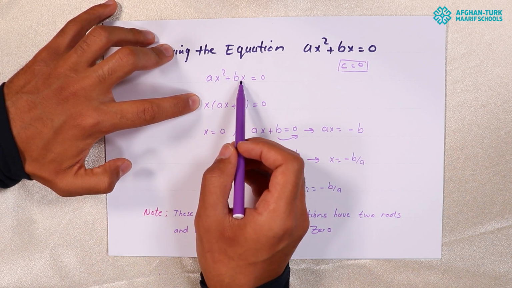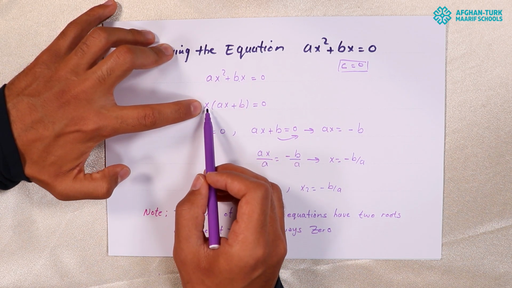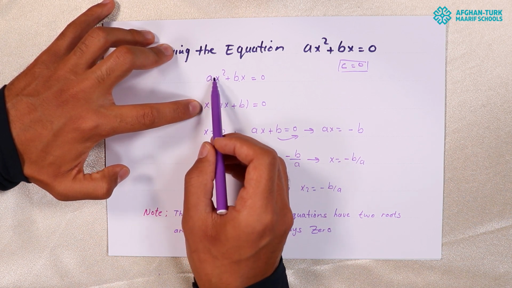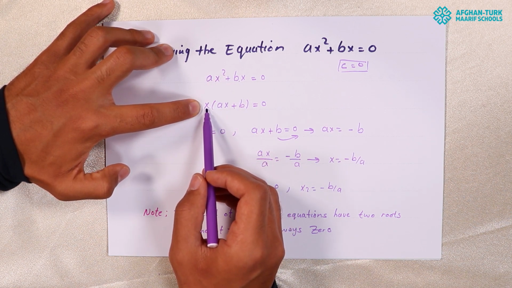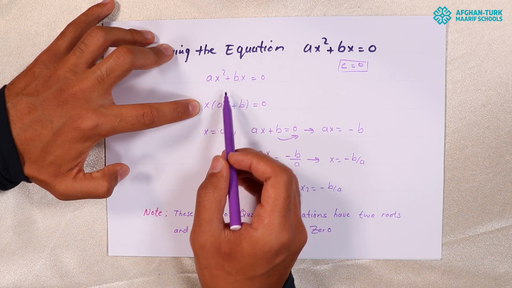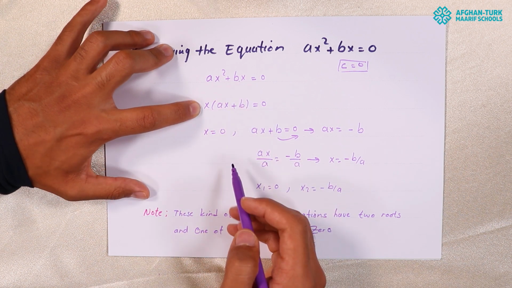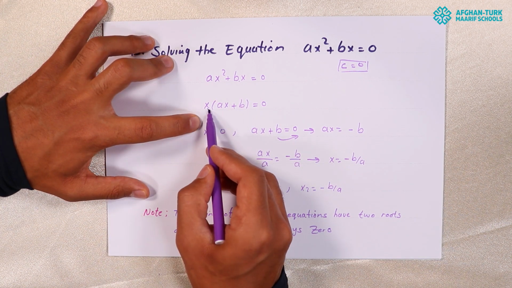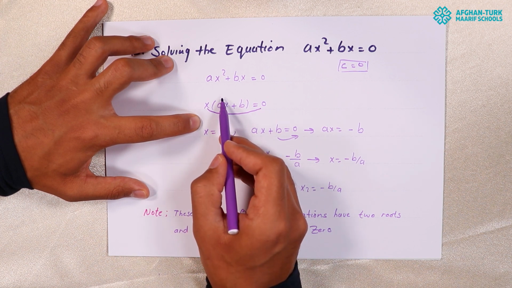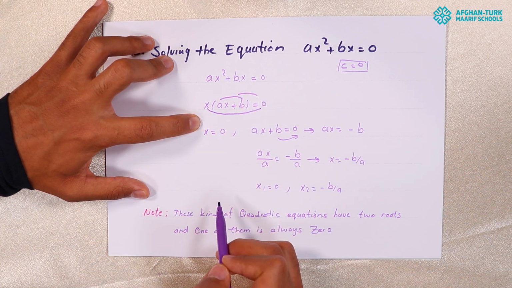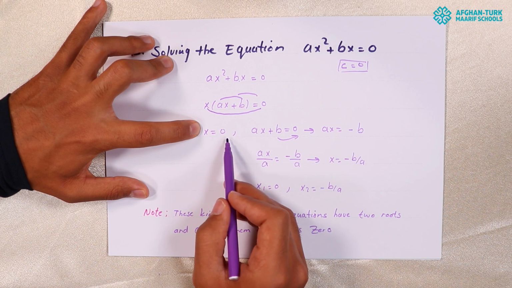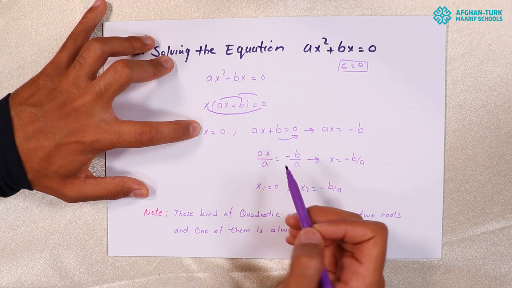Why? Because x is a common factor between these two terms. When we factor x, ax squared divided by x will be ax, plus bx divided by x will be b. So in here x is equal to 0 and also ax plus b is equal to 0. First x is equal to 0, second one ax plus b is equal to 0.